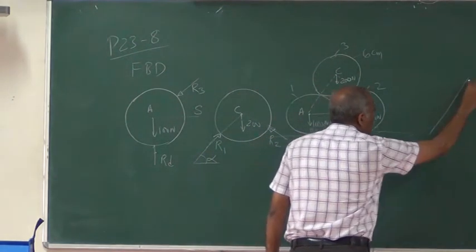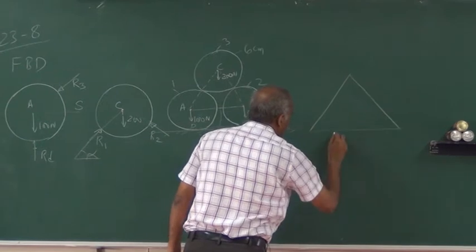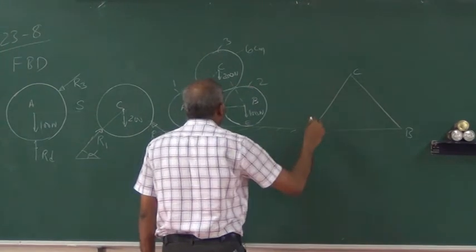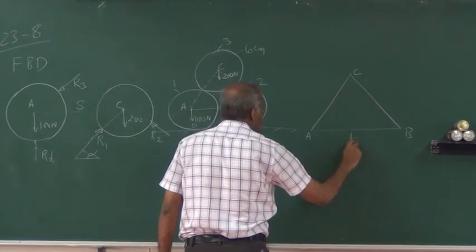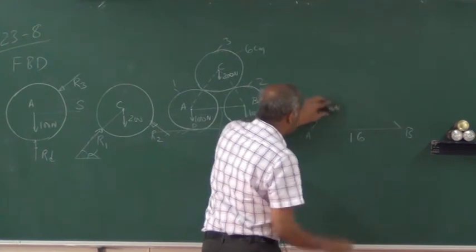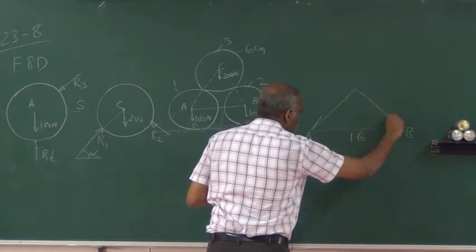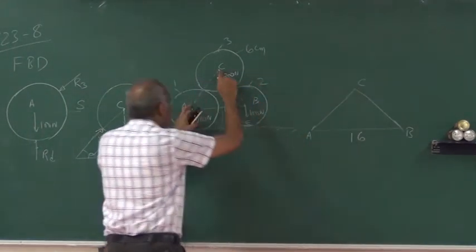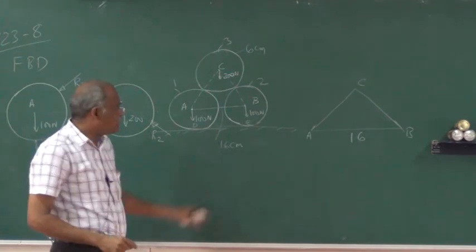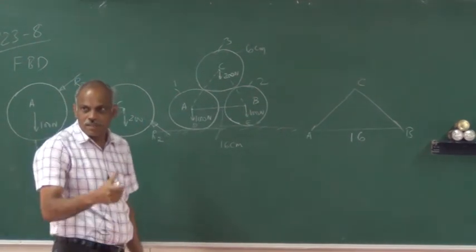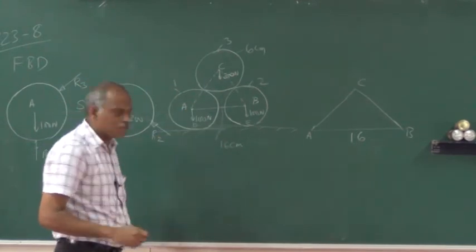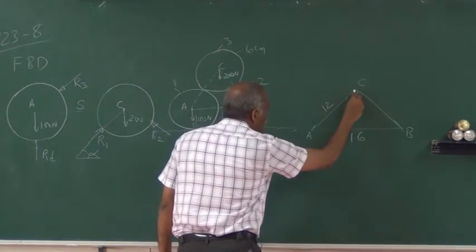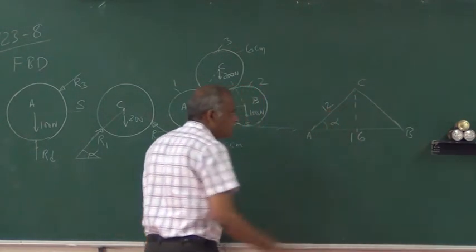Now I have a triangle which is A, B and C. So this length is given as 16. This side is going to be the sum of the radii of the 2 cylinders. In this case they are equal radii, so 6 plus 6, so it is 2 times R, so you have 12. So this angle is going to be alpha.